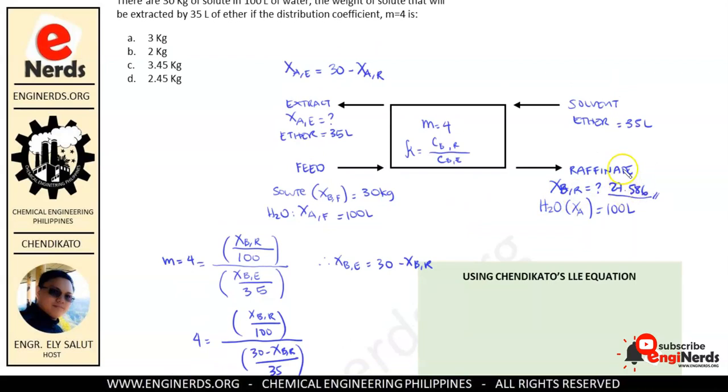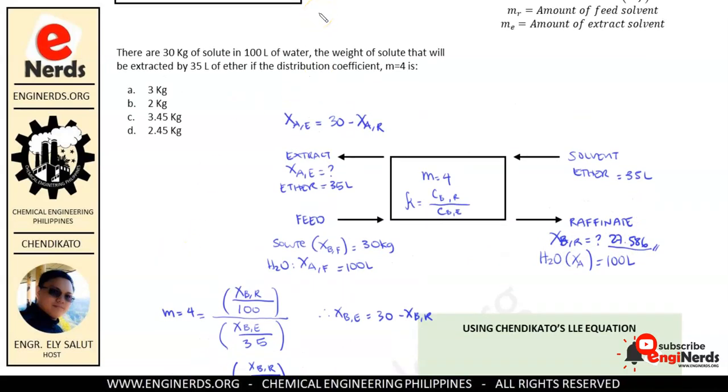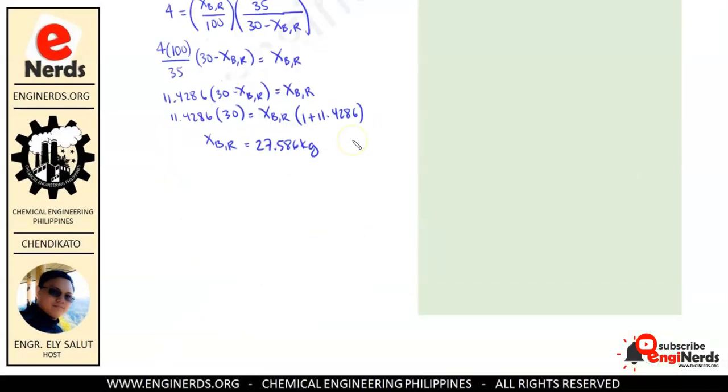Okay, so 27.586. But, ang question natin is the weight of solute that will be extracted. So, itong hinahanap natin. Itong XAE, no? So, this is equal to 30 minus XAR. So, we will have here XBE is equal to 30 minus XBR, diba?